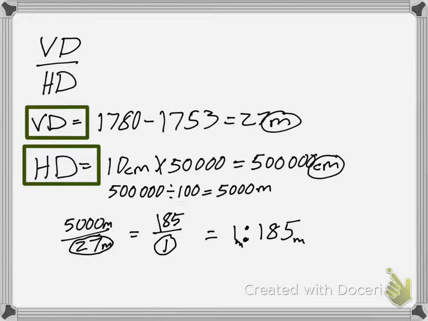So that is our vertical distance, our difference in height basically. So for 1 meter that we go up, we need to walk 185 meters. So that's a very long way. Now we just connect these two.